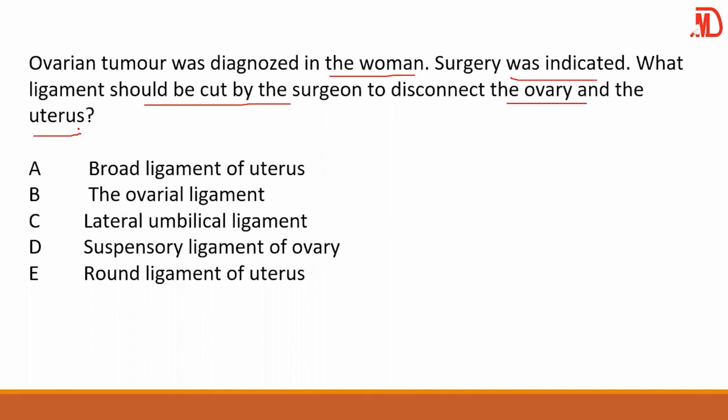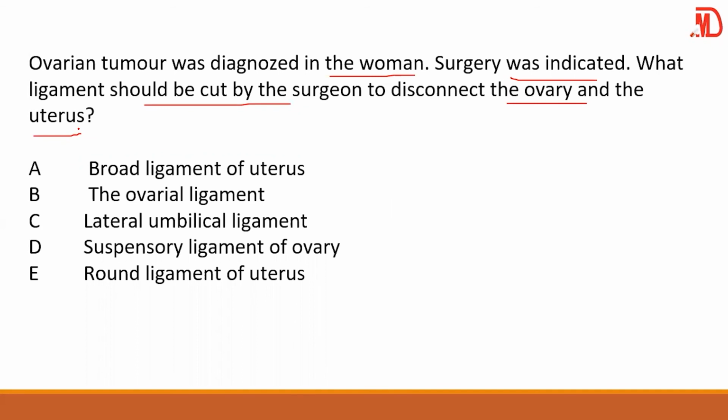The ovarian ligament, which is also called the utero-ovarian ligament. Because Krok wants to confuse us, they wouldn't bring utero-ovarian ligament, but they will bring the ovarian ligament. It's the same thing.